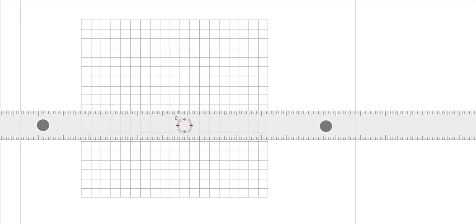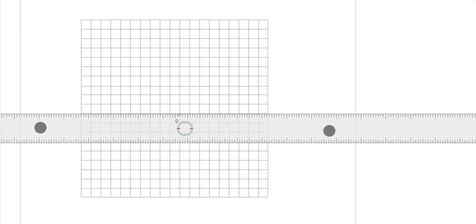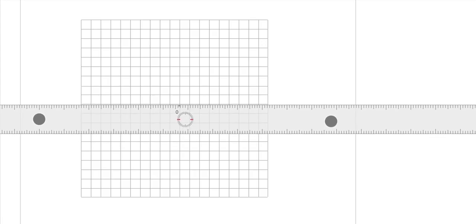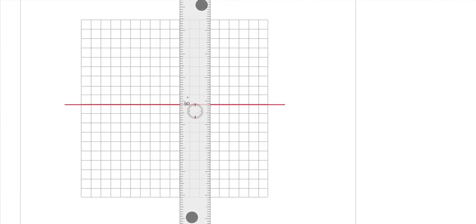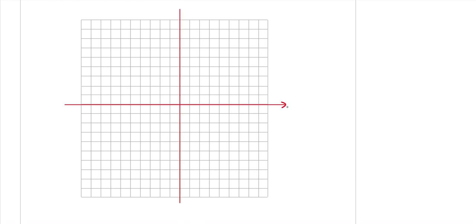Okay, so let's draw up our Cartesian plane with our ruler in the middle if we can. So we have our x-axis and our y-axis. Again, I'm going to stretch my x-axis out a little bit so that it's not too squished up.